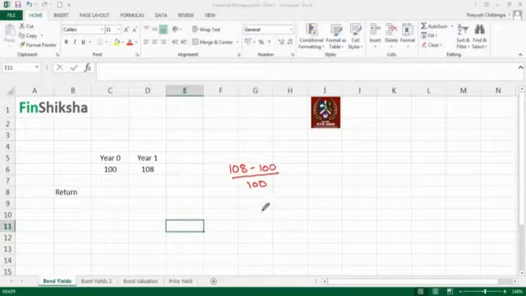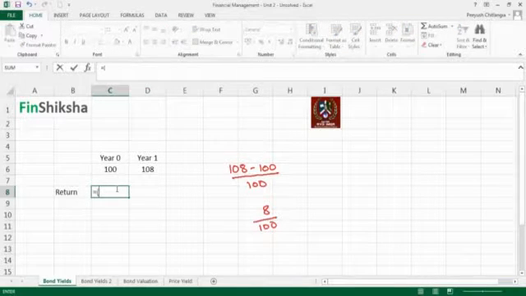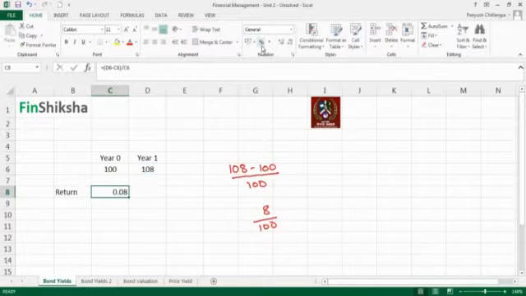In other words, this is 8 by 100 that we're looking at, right? Let's calculate the return here. If this was bought at the correct price, that's 108 minus 100 divided by 100. And let's convert it to percentages. That's 8%, right?